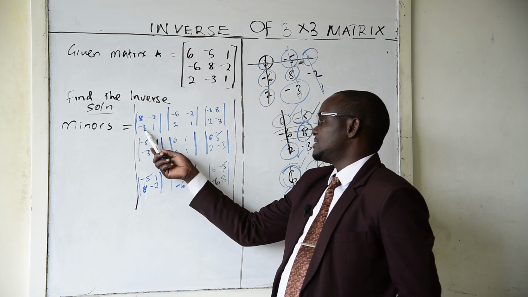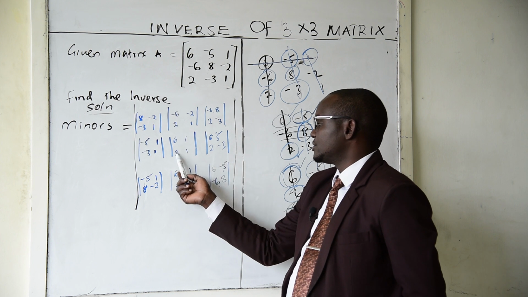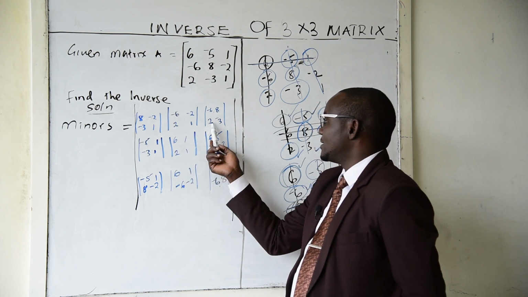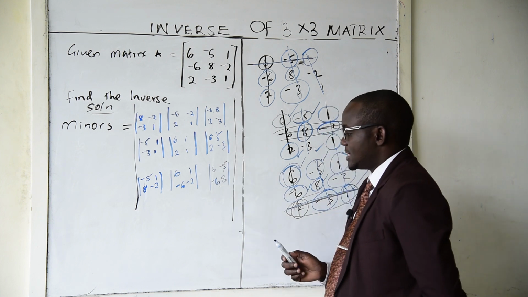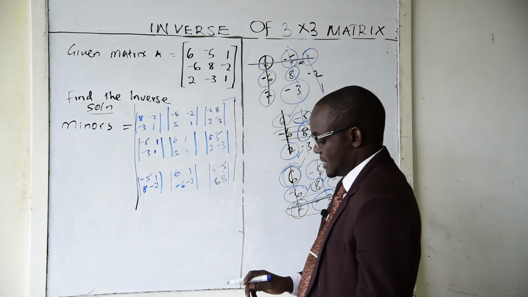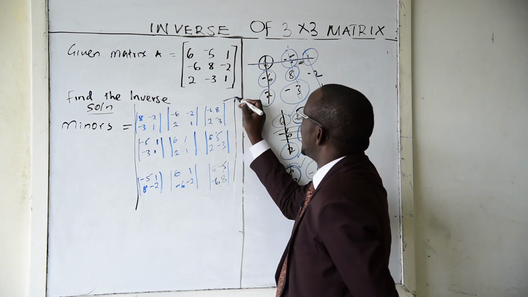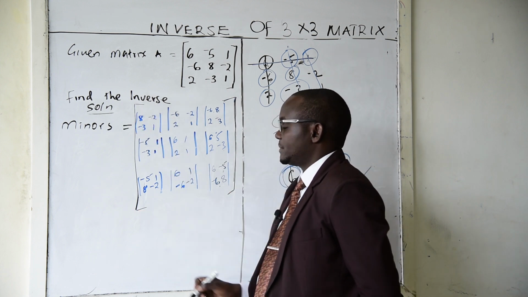Then you can compare negative 3, 1, 1, 2, 2, negative 3. That simply means that the elements of our minor matrix are accurate.